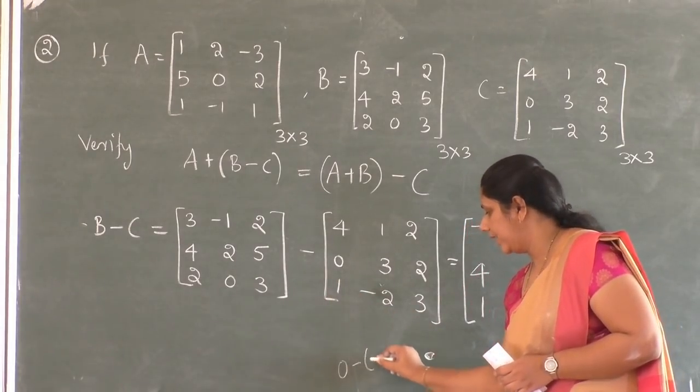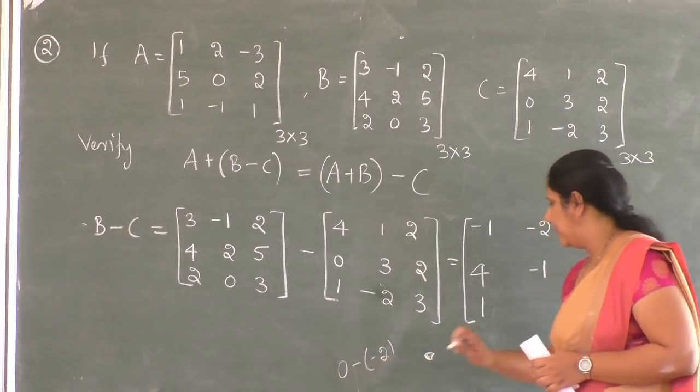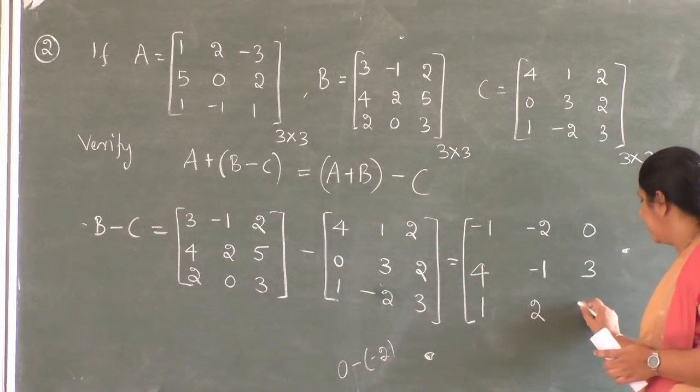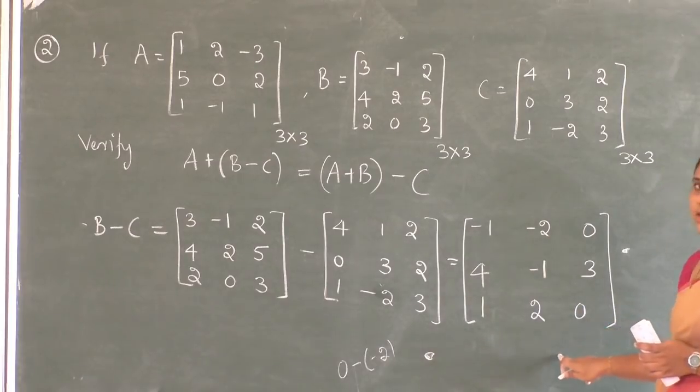Here 0 minus of minus 2 implies plus 2, 3 minus 3, 0. So this is B minus C.